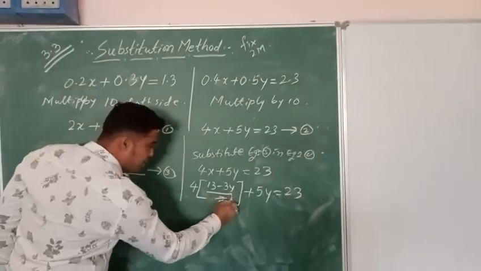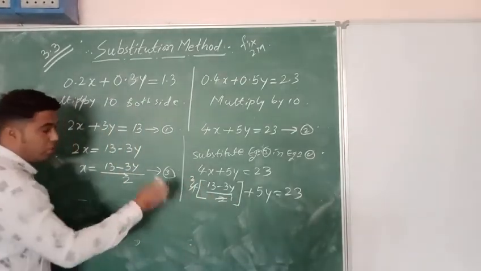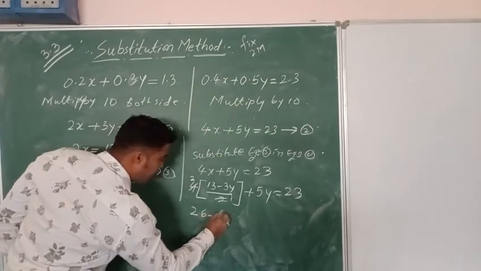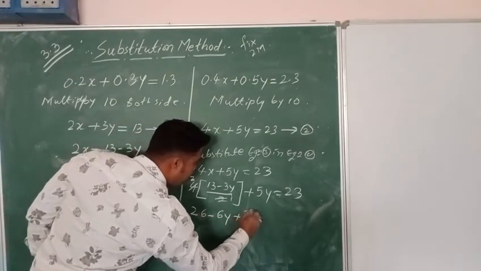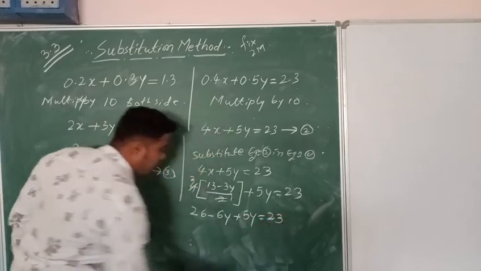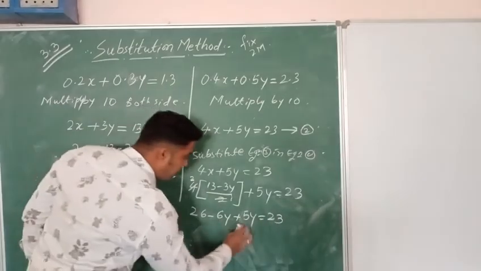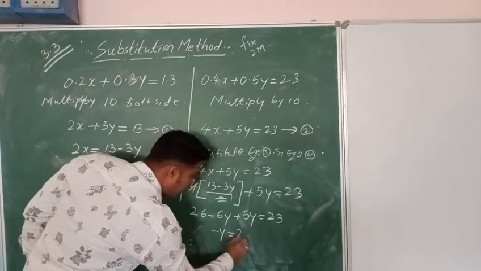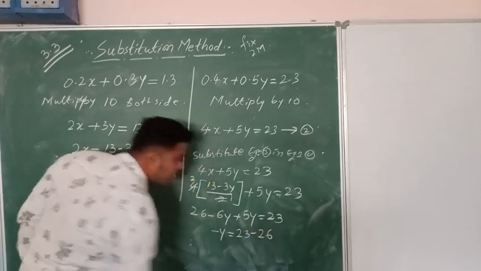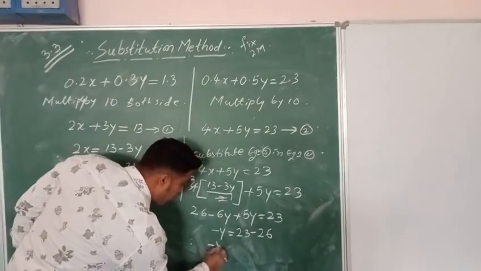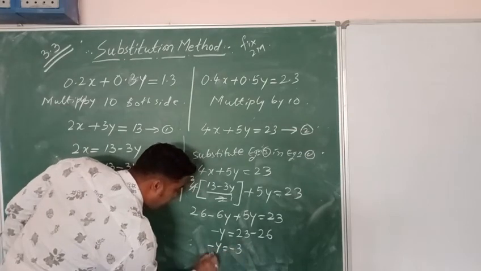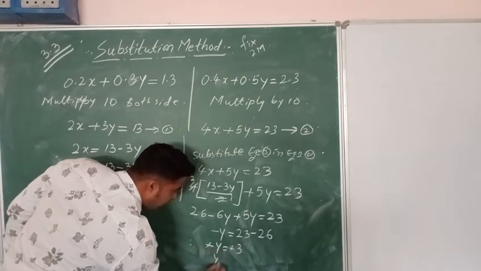I can cancel this 2: 2 ones are 2, 2 twos are 4, so 13 twos are 26, minus 6y plus 5y, which is equal to 22. You know minus 6y plus 5y is nothing but minus y, which is equal to 22 minus 26. Therefore minus y is equal to minus 3, the minus signs on both sides get cancelled, y is equal to 3.